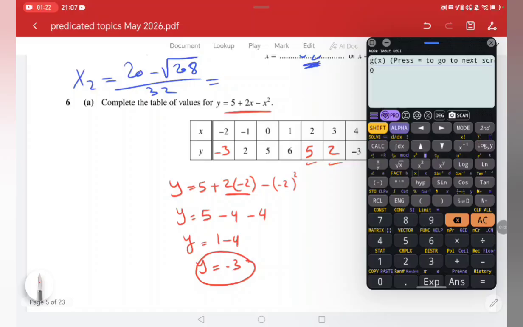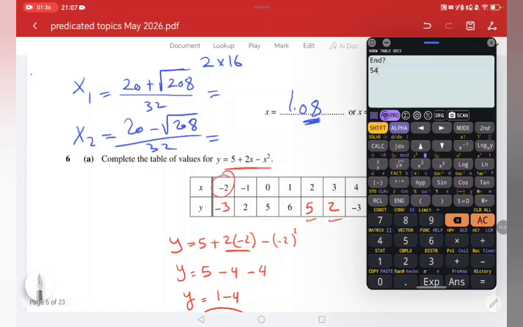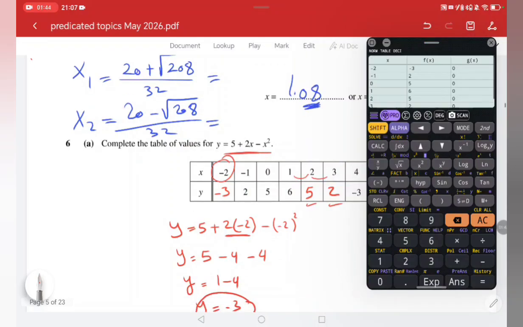Equals. You start with what? We are starting with negative 2, this point, equals, and you end with what? We end with 4. The step, as you see, is 1.